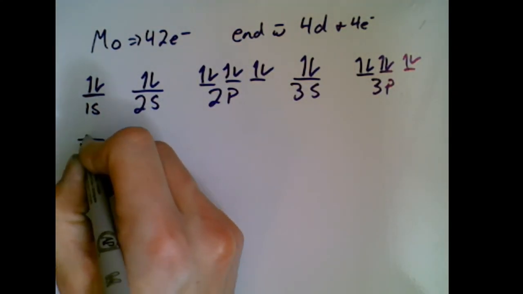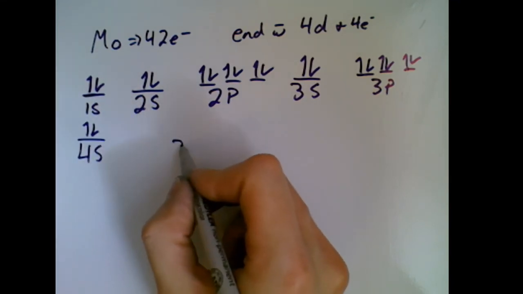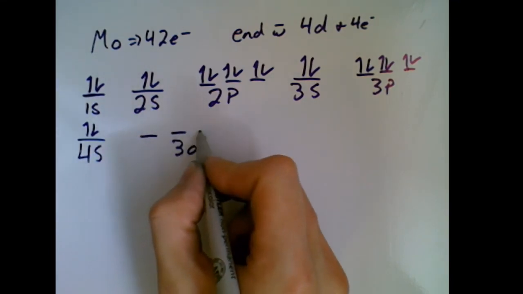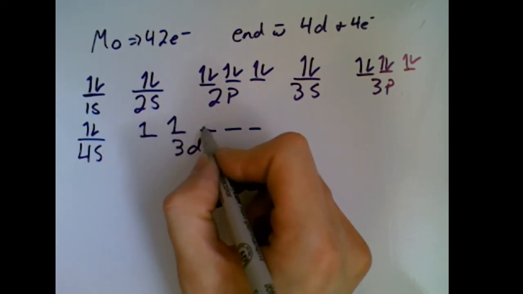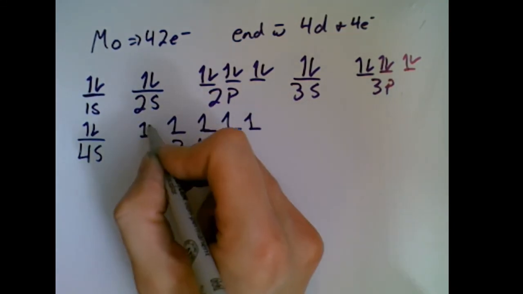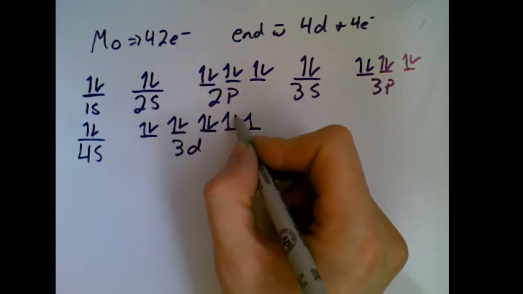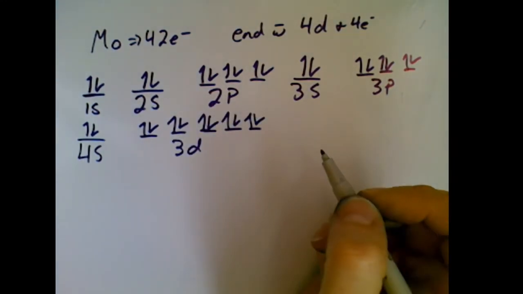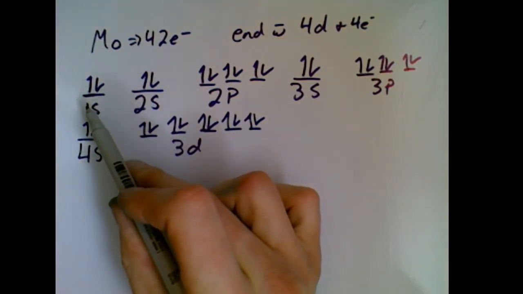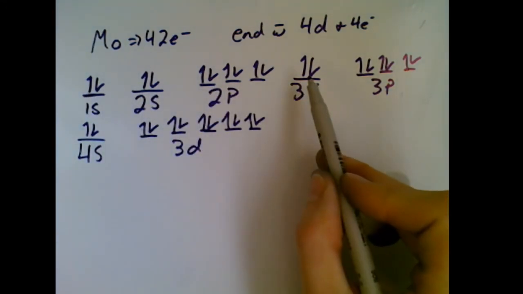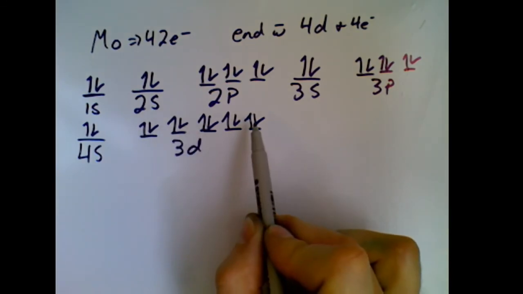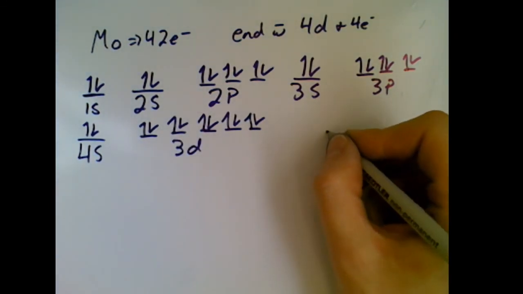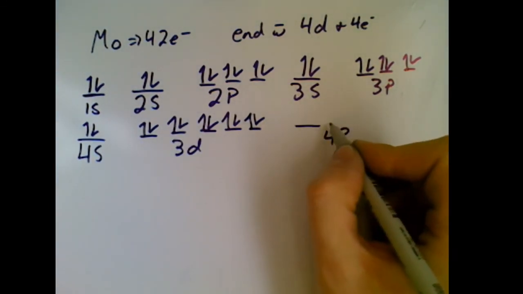Next is 4s. Followed by 3d. 1, 2, 3, 4, 5. 1, 2, 3, 4, 5, 6, 7, 8, 9, 10. Okay, at this point, I have used up 30 electrons. Next is the 4p orbital.